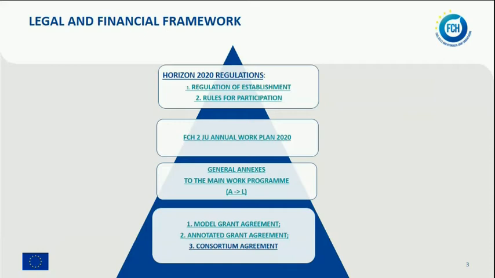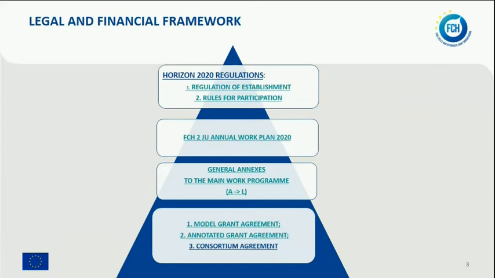In addition to that, you have the SCAGU annual work plan, where you have, of course, the topic description that my colleagues gave you a little overview of and which you are highly encouraged to read thoroughly. And in addition to that, there are some additional chapters that you should also look at, such as, for example, the call management tool, where you will see if there are any additional eligibility conditions, and there are, because there are some topics where the maximum grant amount is capped, and any proposals going beyond that maximum grant amount are not eligible.